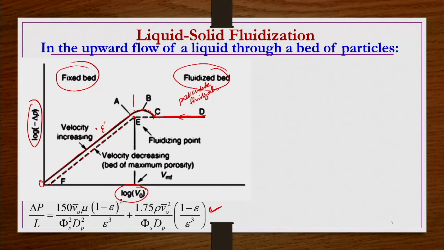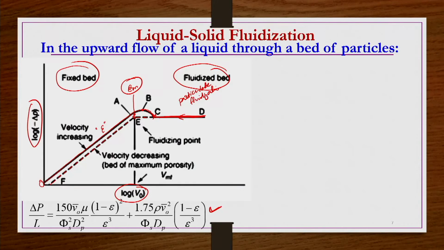It has a slightly higher voidage. We can say this is the maximum voidage possible under fixed bed conditions, whatever the higher voidage at point E, or the minimum voidage that is possible under the fluidized bed condition. Because after that, if you increase the fluid velocity, the voidage is going to increase, right.